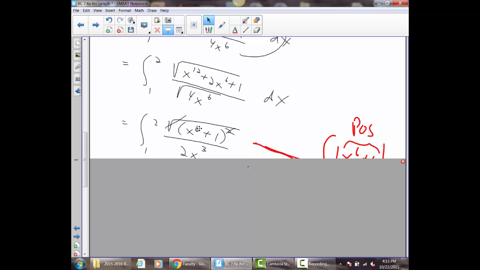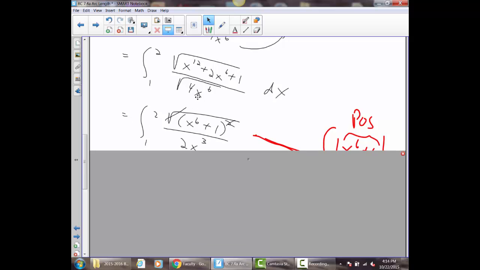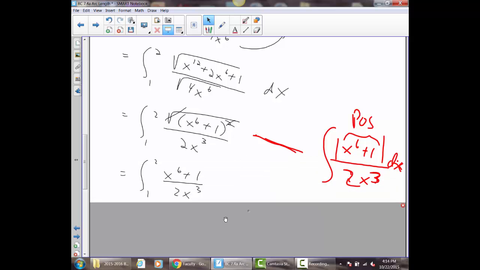So really this is x to the 6 plus 1 all squared, but I'm taking the square root of that squared. The denominator, the square root of 4x to the 6, is 2x cubed. And x to the 6 plus 1 is positive always.